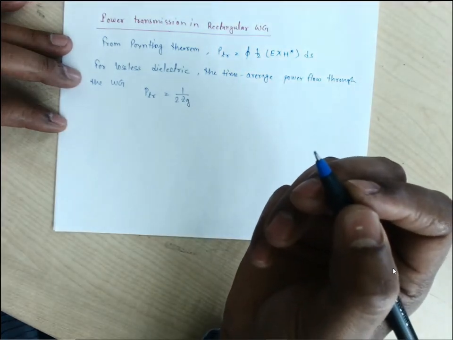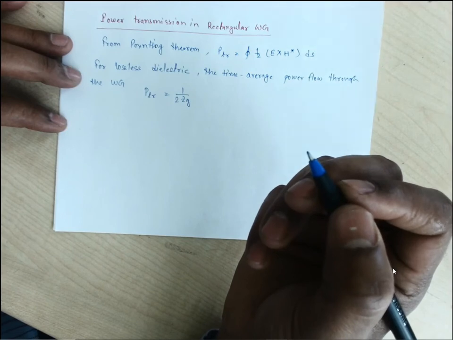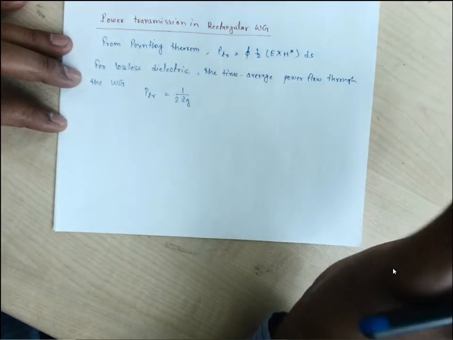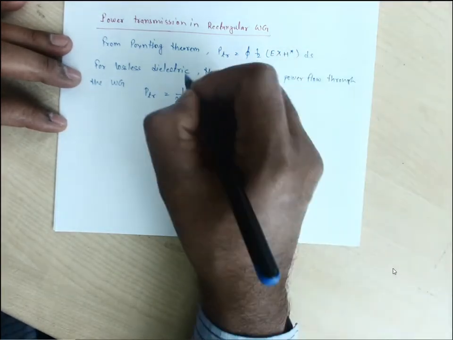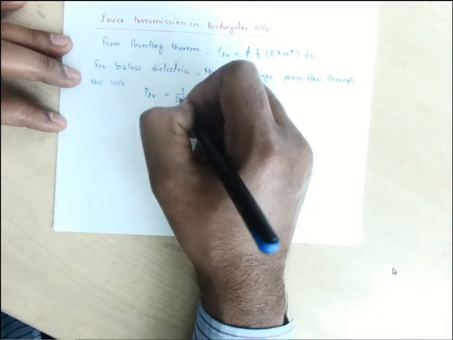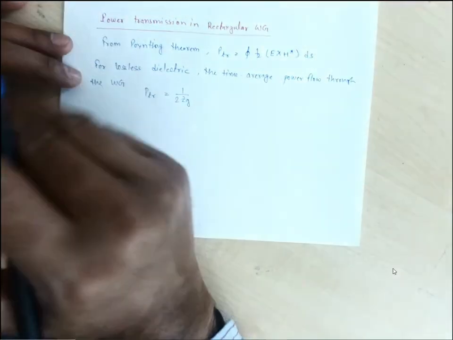That is the wave impedance inside the waveguide. We can write Zg or we can write eta, whatever it is. It is the impedance at the source end.